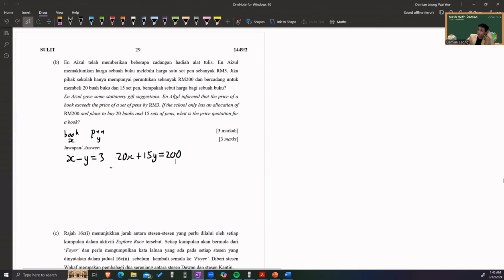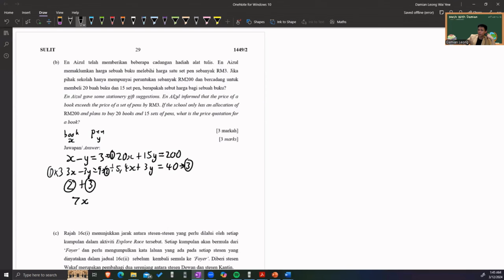This one I can simplify. I can divide by 5, 4x plus 3y equals 40. Okay, so let's say equation 1. So equation 1, let's say I use elimination. I can times 3: 3x minus 3y equals 9. Equation 2, equation 3. So I can eliminate. I take equation 2 plus equation 3. 3x plus 4x, 7x.